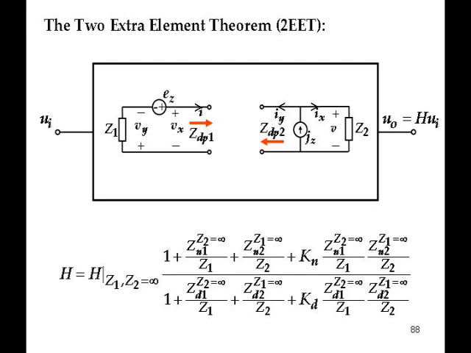Now, I'm not going to go through the proof of this. This is in a paper that was published in 1988 or 89, I forget which. And also the extra element theorem and its extensions to the two extra element theorem and to the n extra element theorem, which I like to call the neat theorem. Really is neat.